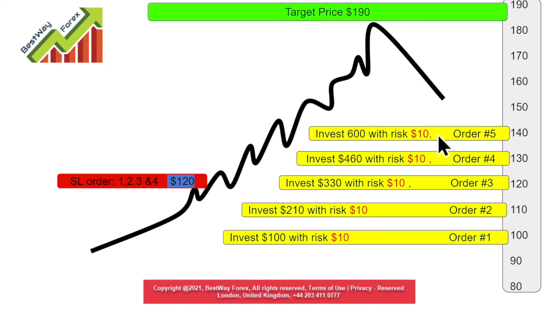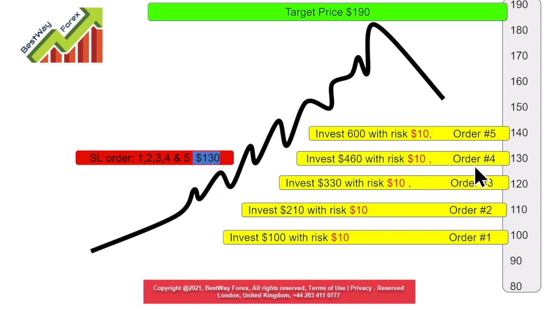The target we will not touch it, and then this time all these 5 orders have been executed, and the next step is to update our stop loss. So we remove this stop loss, we make again a stop loss to the previous order.